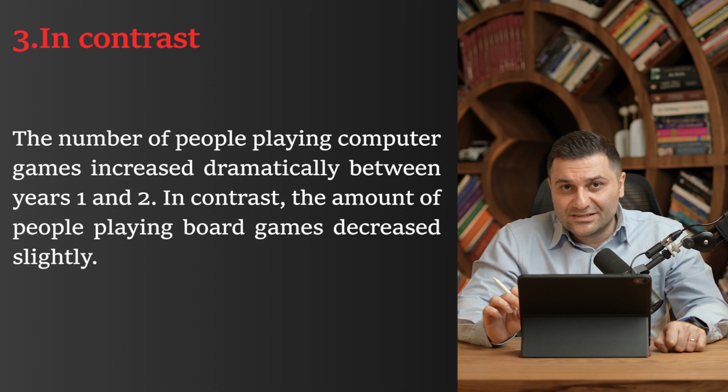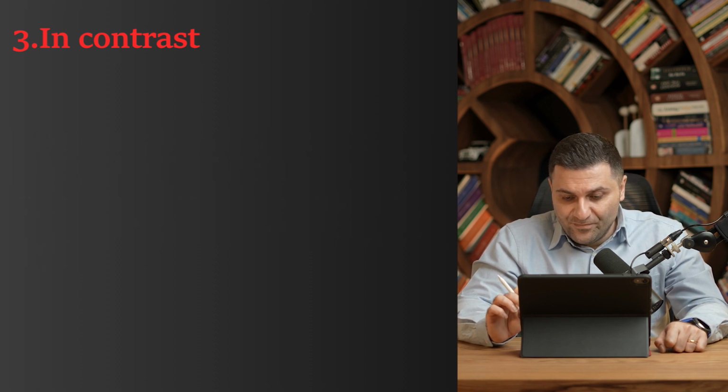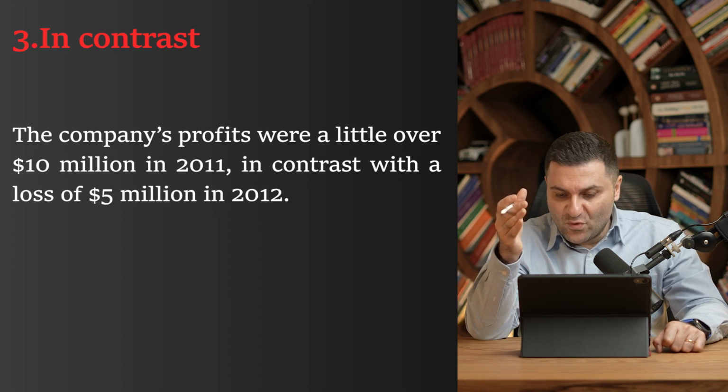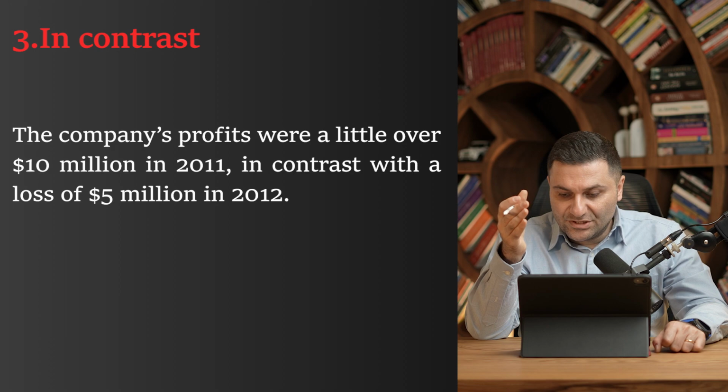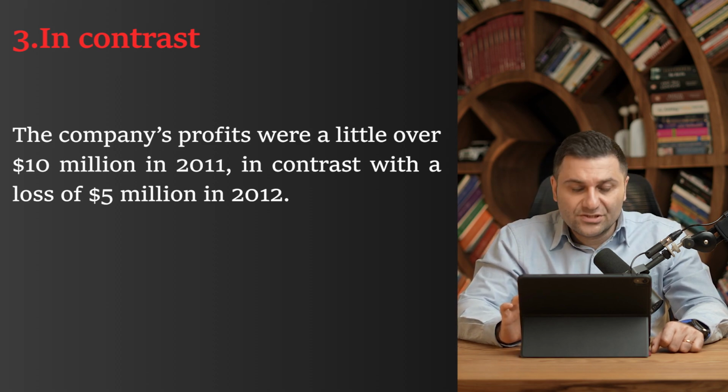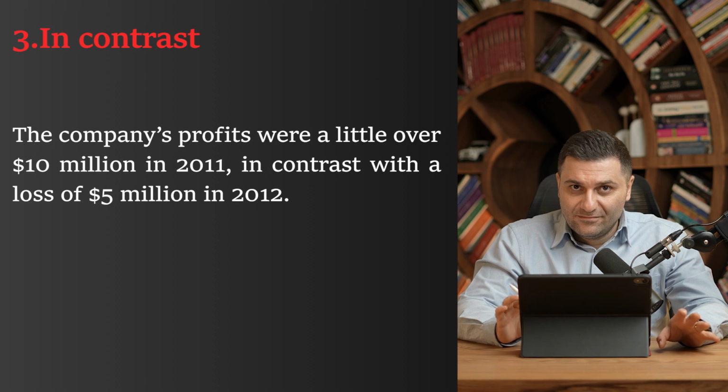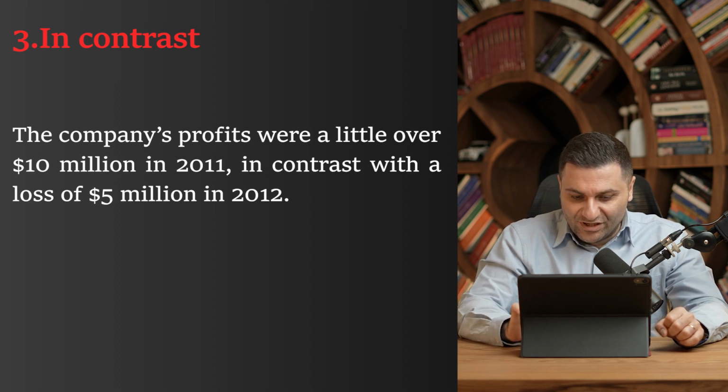Now let's work on an example of our second structure. The company's profits were a little over $10 million in 2011, in contrast with a loss of $5 million in 2012. So that's the second structure.